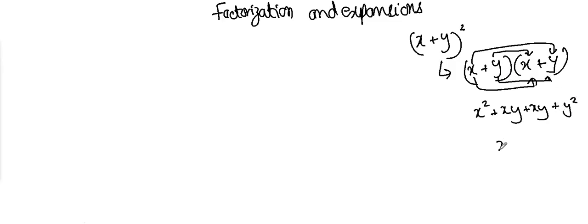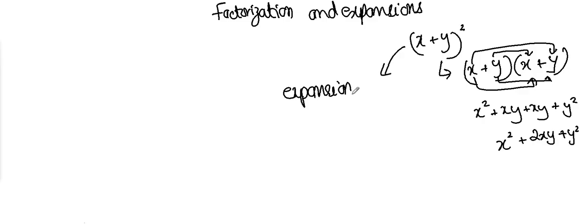So the overall final answer that we will have is x squared plus 2xy plus y squared. This is the final answer that we have. This terminology is called expansion of brackets, of quadratic brackets.